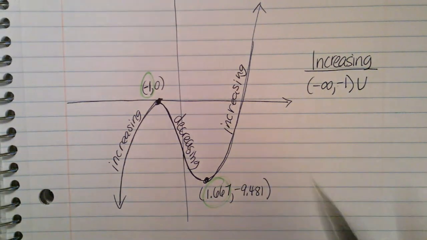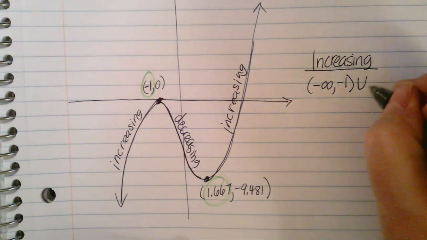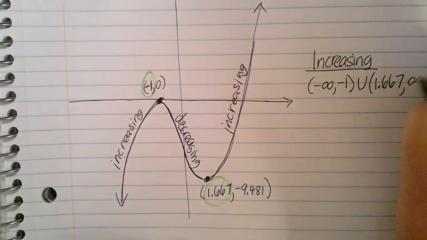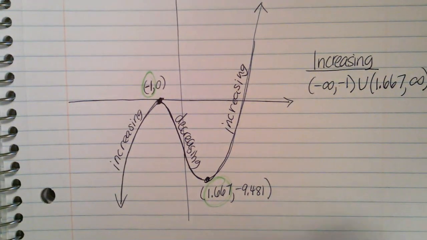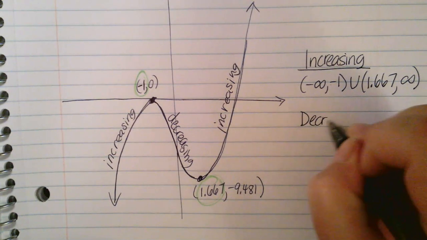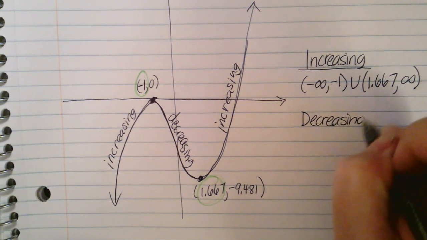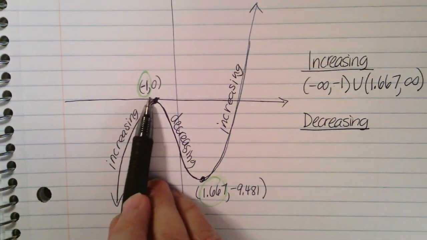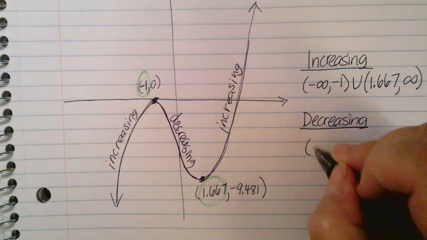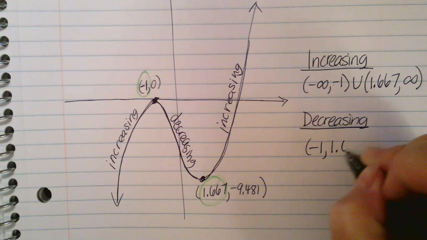Okay, and it's also increasing over here, so it's also increasing from 1.667 to positive infinity. All right, now where is it decreasing? It's decreasing from here to here, so from negative 1 to 1.667. Only one place it's decreasing.